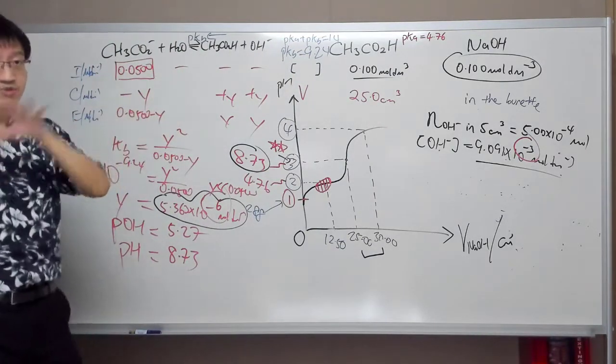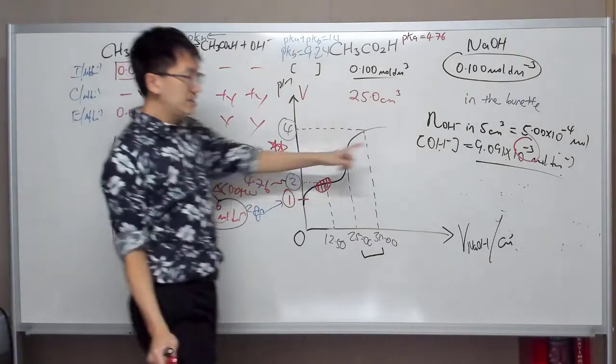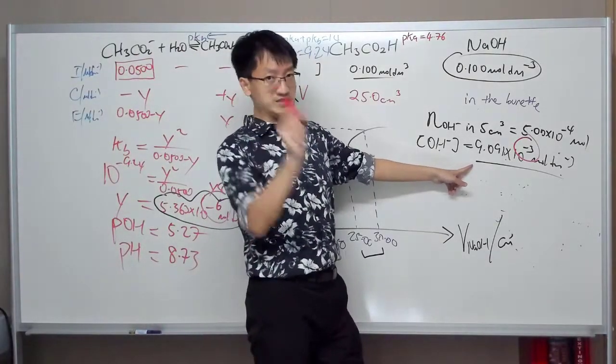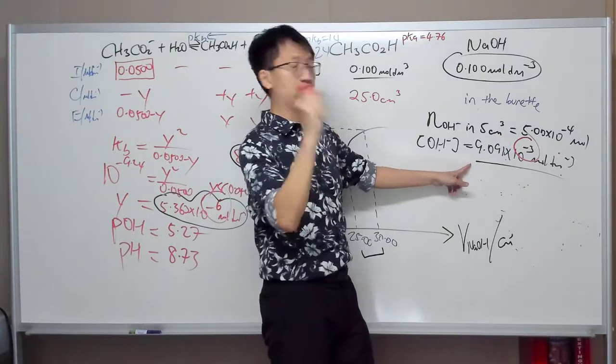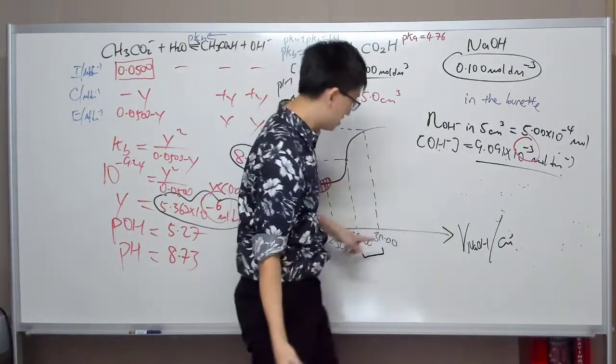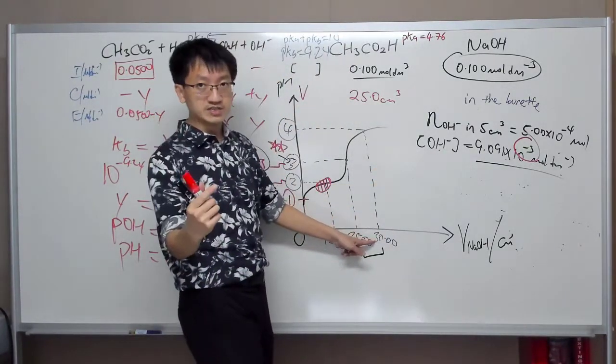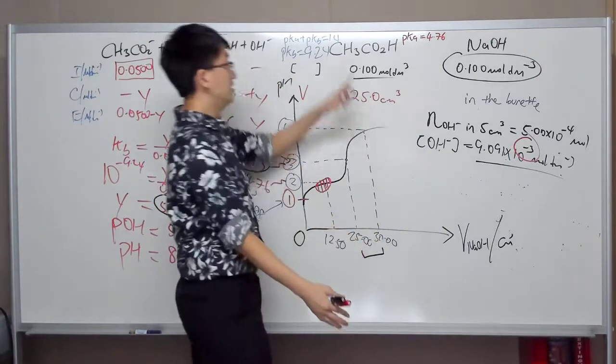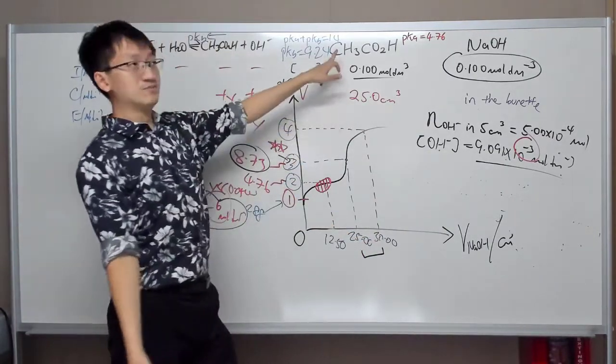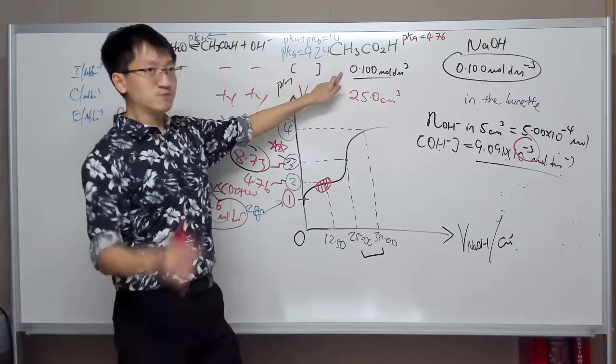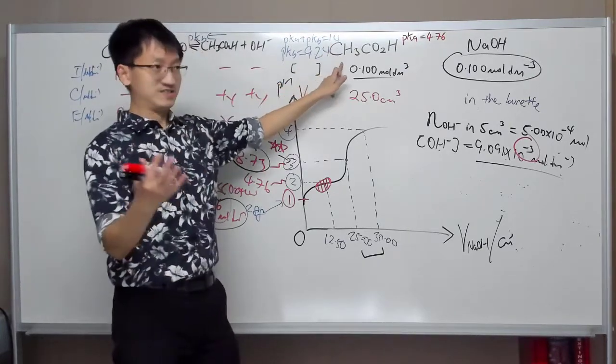So this will be a very good proxy to the concentration of OH minus in the medium after 30 cubic centimeters of sodium hydroxide has been added to 25.0 cubic centimeters, 0.1 moles per dm cube of ethanoic acid.